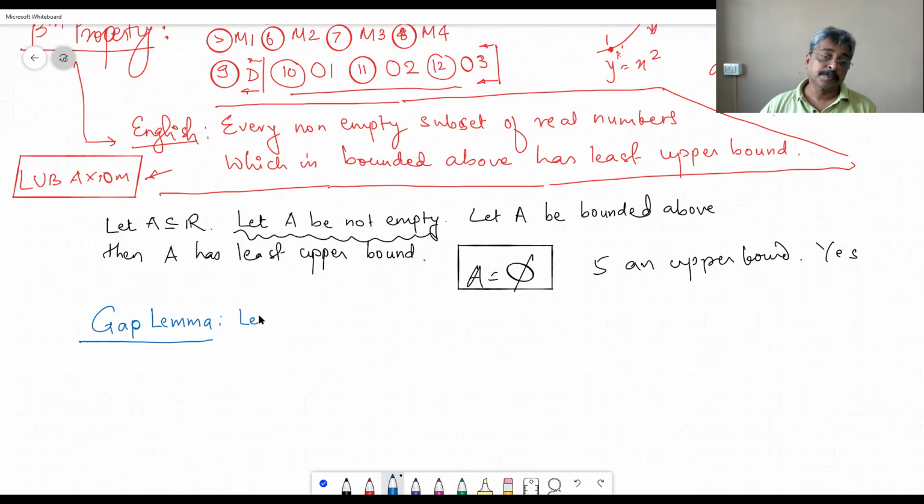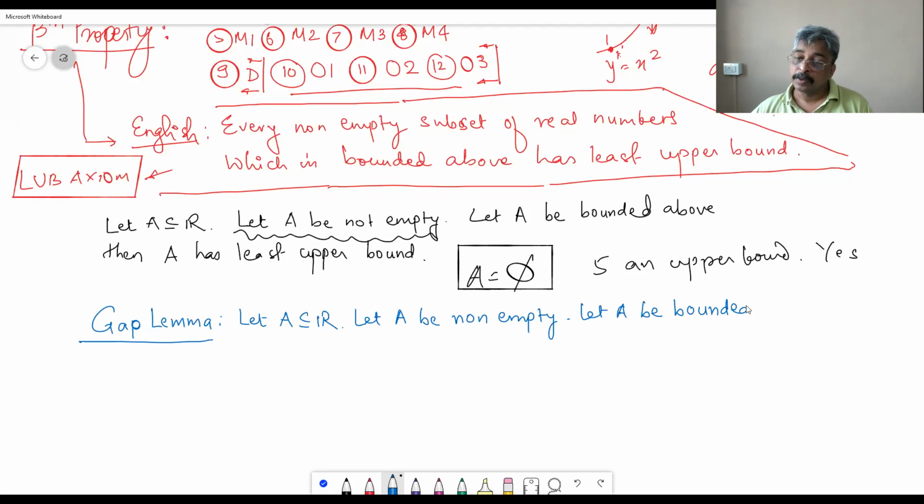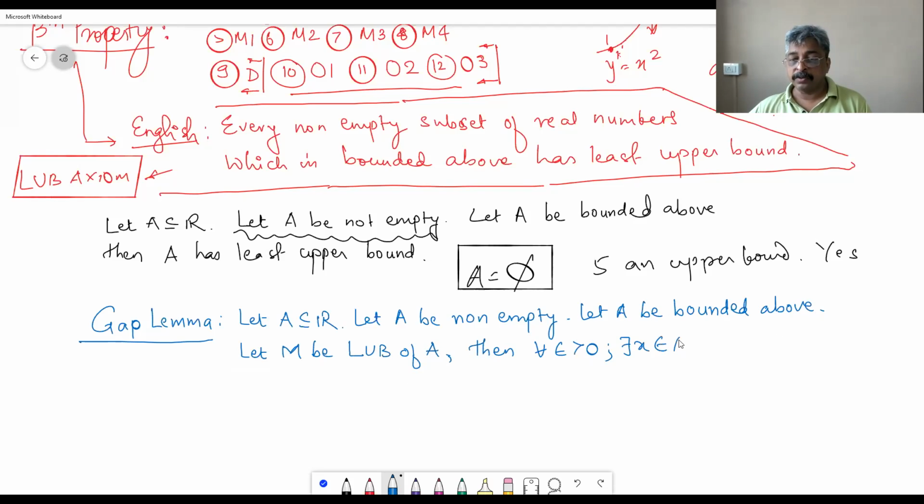Let A be a subset of R, let A be non-empty, let A be bounded above, let M be the LUB of A, then for every epsilon greater than 0, there exists X belonging to A such that M minus epsilon is less than X is less than or equal to M.